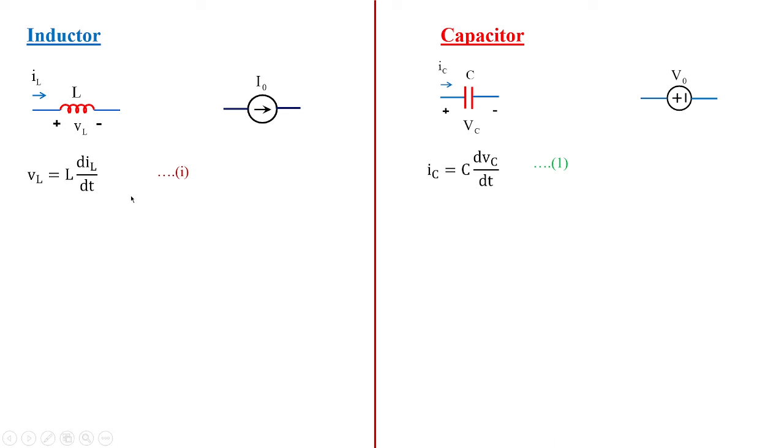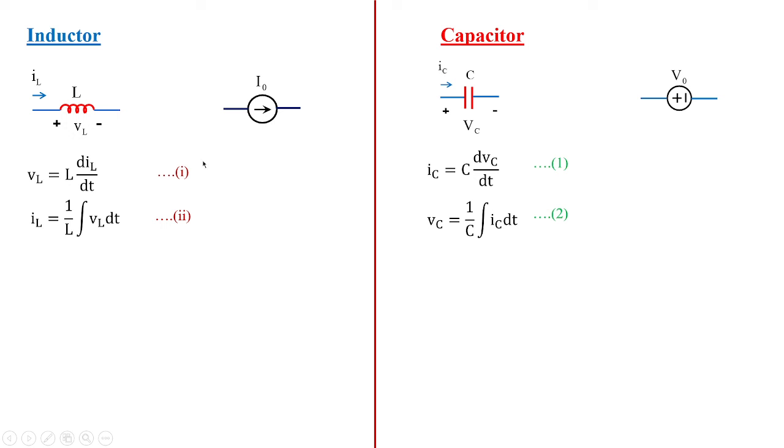Apart from this, once you have equation 1, I can easily obtain the value of current once I know the value of voltage across the inductor. So the current equation would be IL is equal to 1 by L integral VL dt. This I am framing as equation Roman 2 under inductor. Similarly, the voltage across the capacitor would be 1 by C integral IC dt.